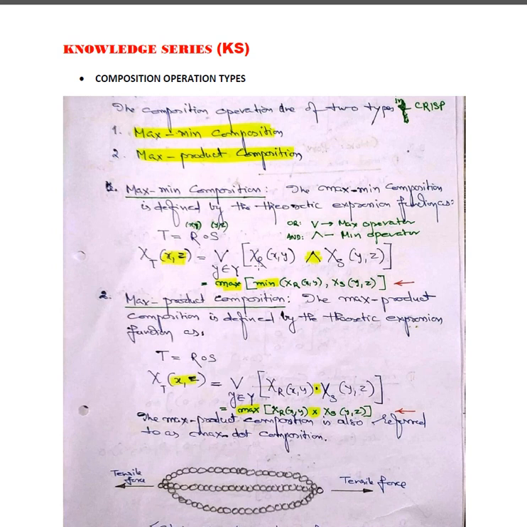So chi of relation R of X, Y, it's the AND operation with chi of S of Y comma Z. So that is how we represent this.